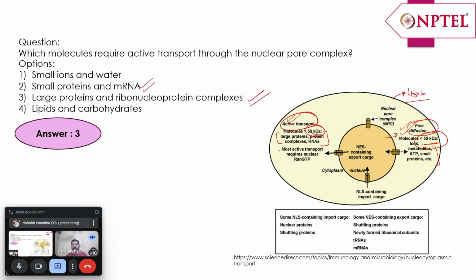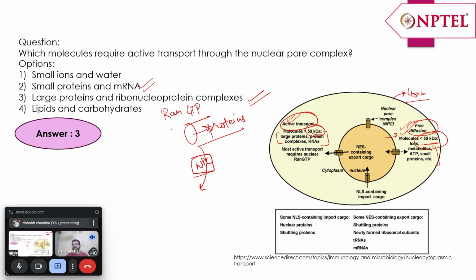Okay. So, what is actually meant by the active transport? They would need some proteins that will bind to them, and they will help them to move out of this nuclear pore complex. One of the proteins is Ran GTP.